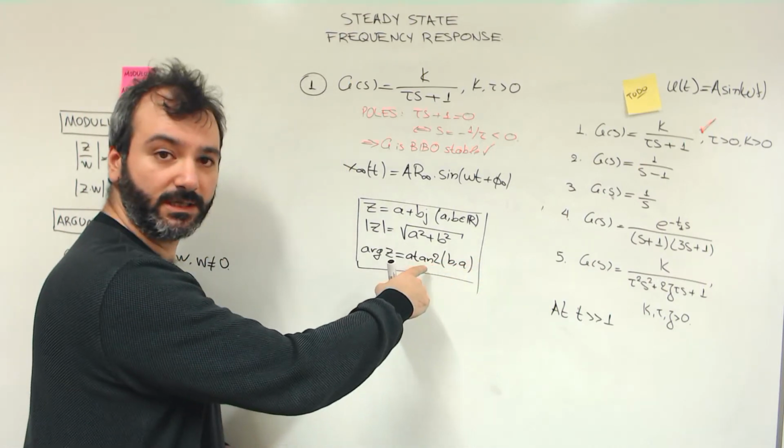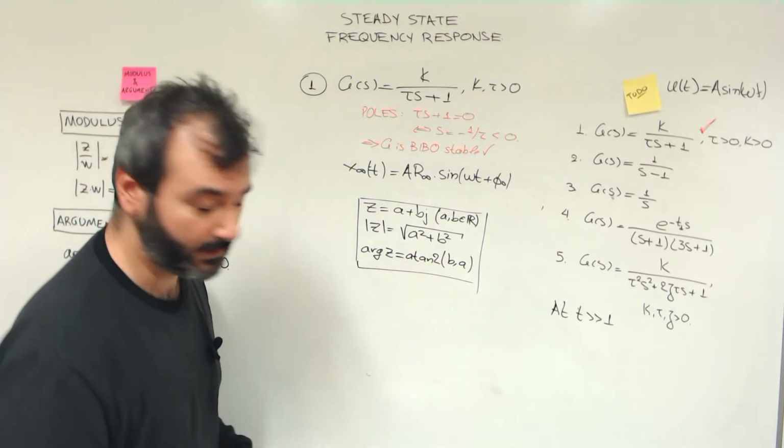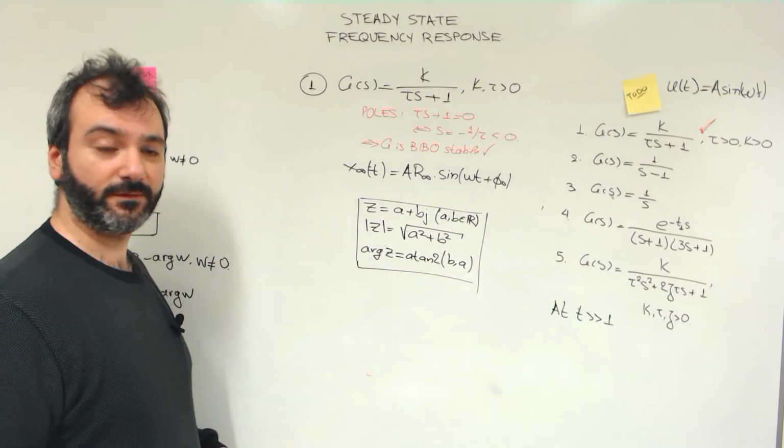That 2 here is not a coefficient, is not a number, it is part of the name of the function. It's a little strange notation for a function.